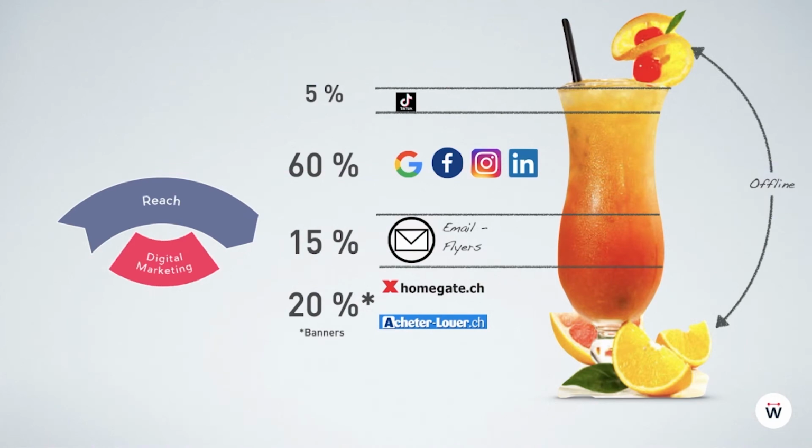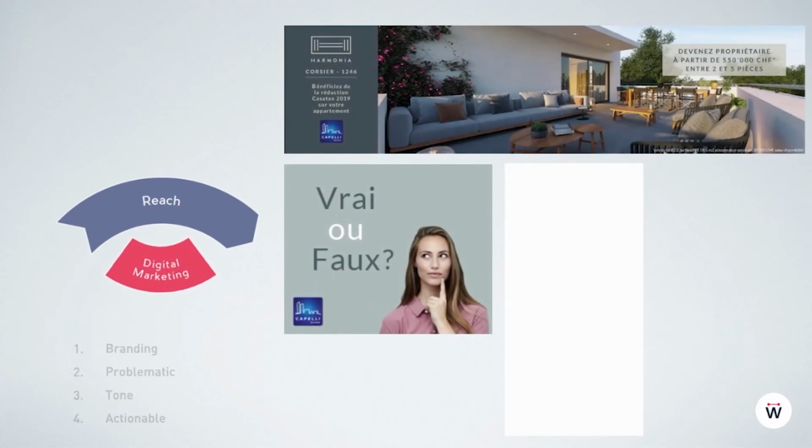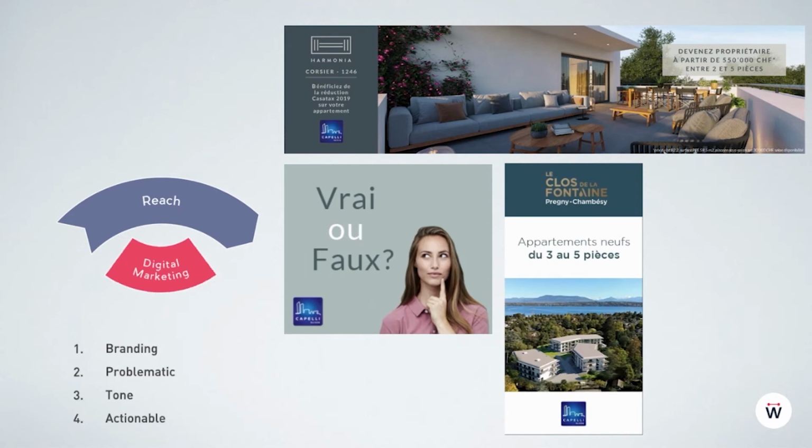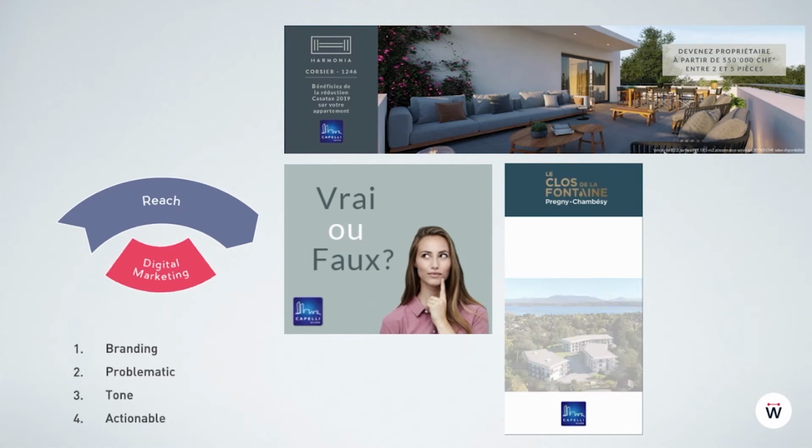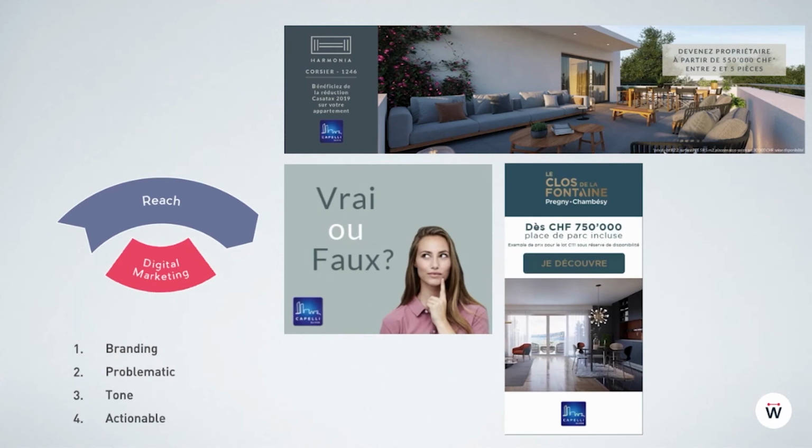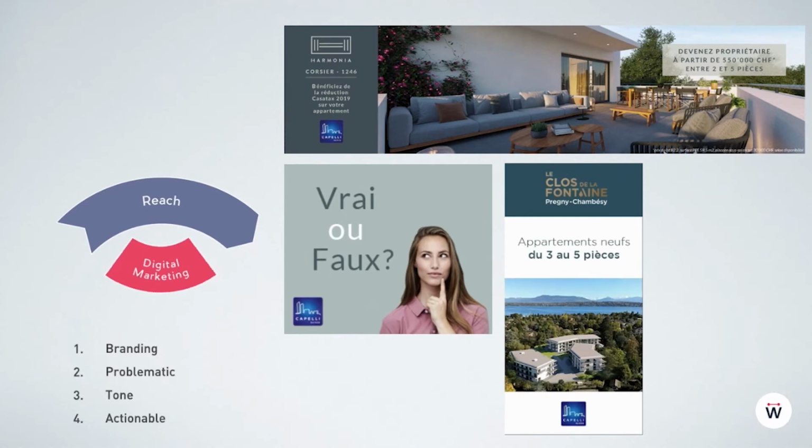Now, with regards to the content, there are a few points that we need to keep in mind. First of all, the content has to respect the branding equity. So when we talk about branding, it will be the branding of the project itself. So if your project has a name or a brand, as we can read on the first post, Harmonia, let's say, make sure that you are in line with the branding equity.